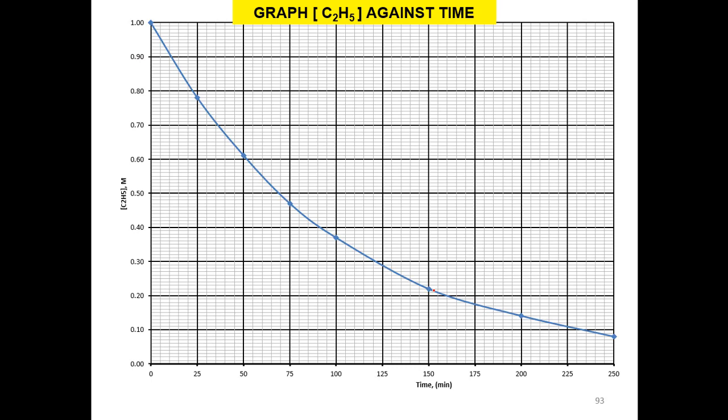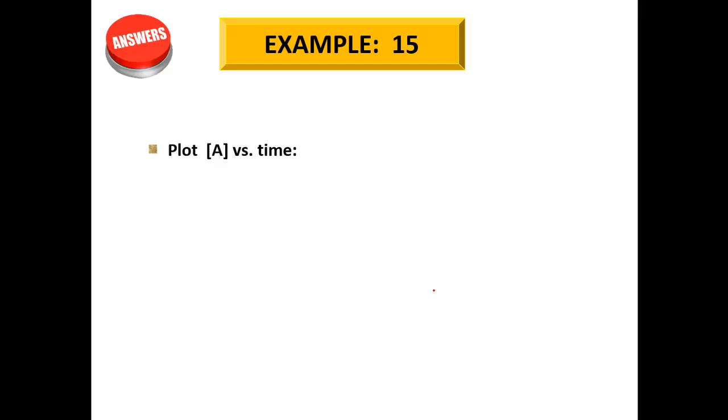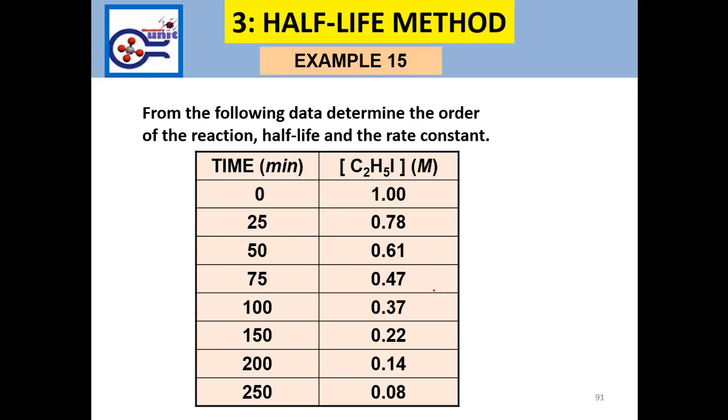Okay, so when you plot concentration against time, for example 15 this is actually the half-life method. With the half-life method, what do we do? We plot concentration against time, and we look at the trend of the half-life. If the half-life is constant, it is first order.